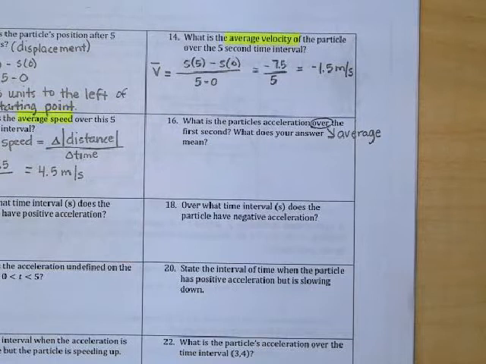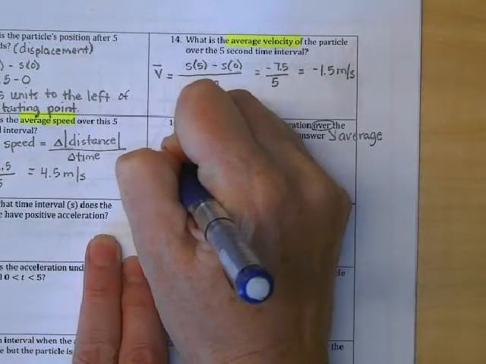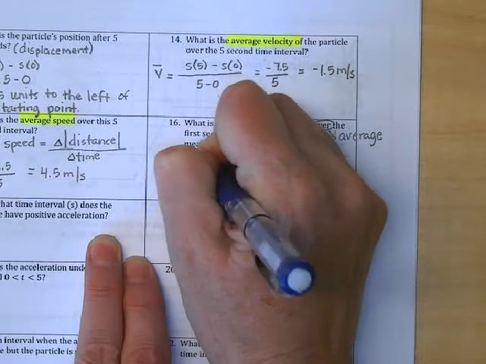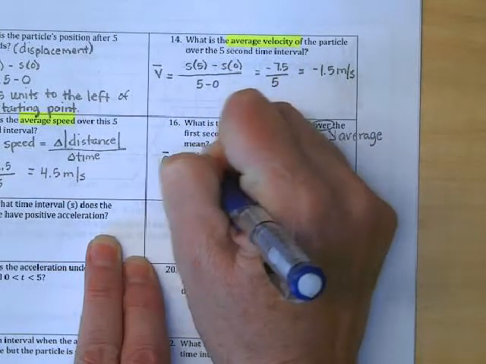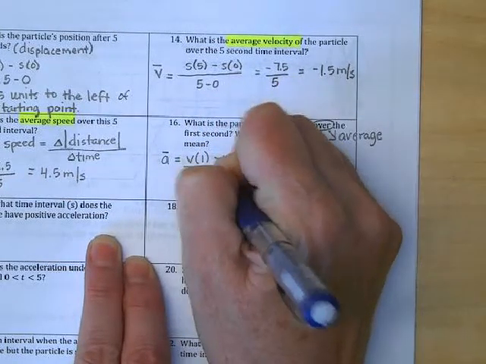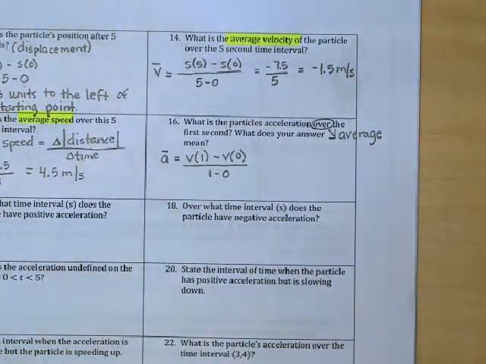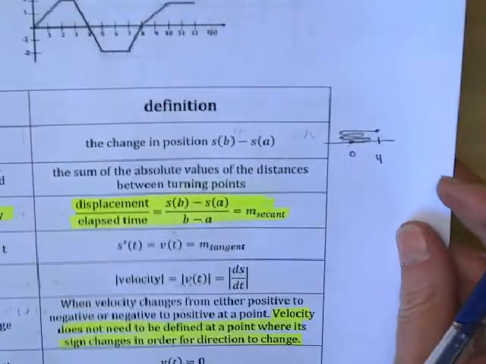So if you want to find average acceleration, that is going to be v of 1 minus v of 0 over 1 minus 0.